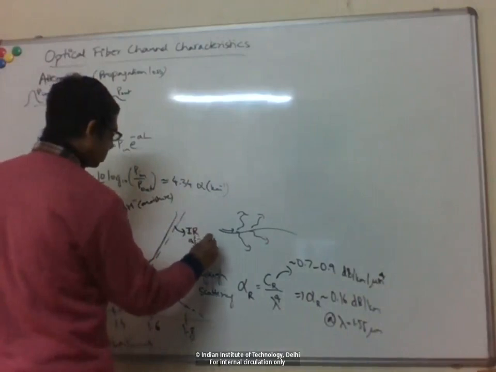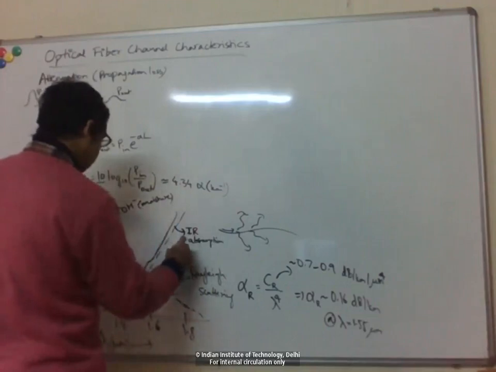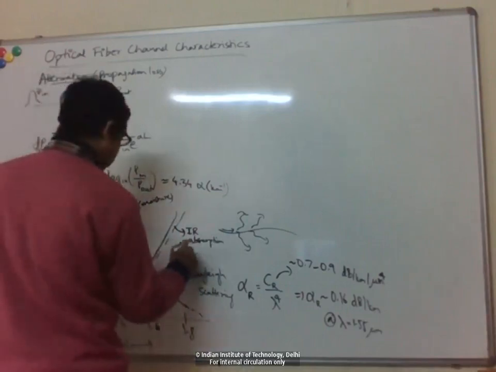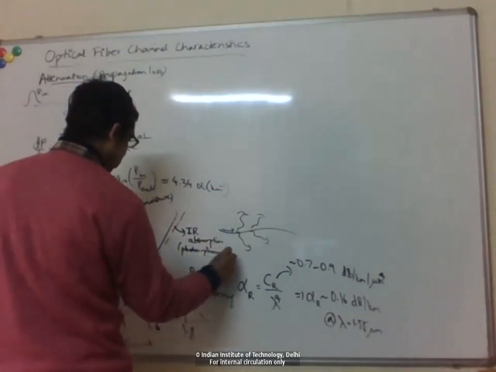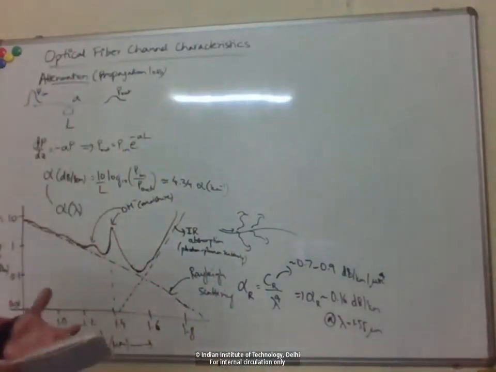But then there is another effect which scales in the opposite direction, and this is infrared absorption, due to photon-phonon scattering. So basically again you have these SiO2 molecules, right?